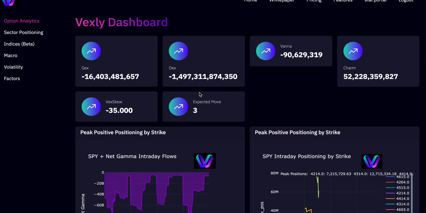So you have an overall view of how the market is positioned. That's basically what we've done here.